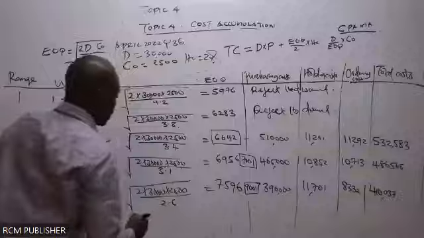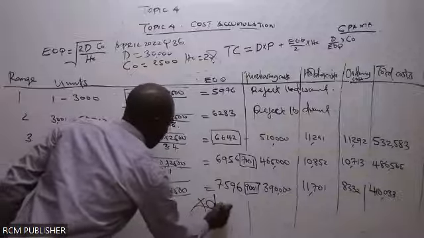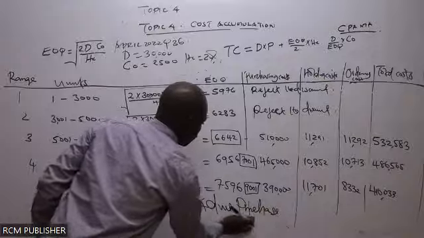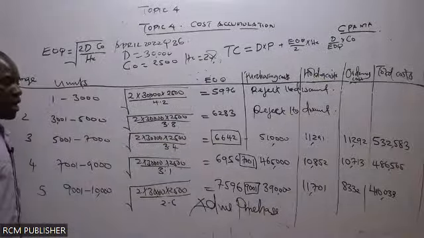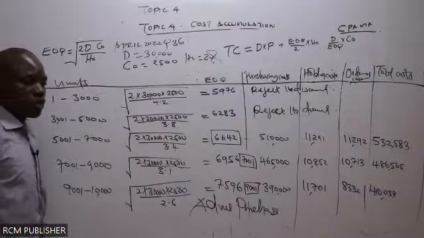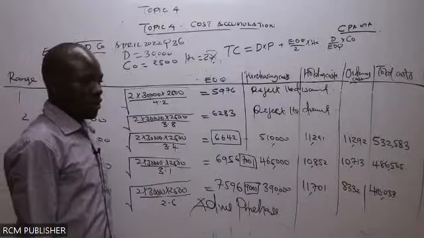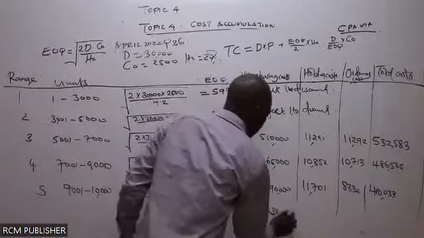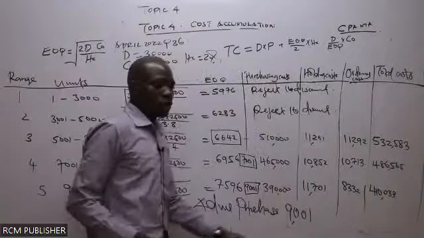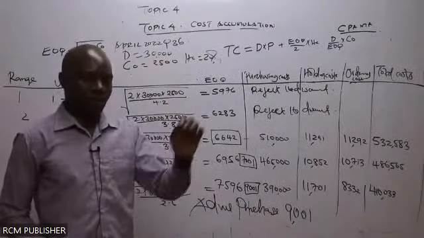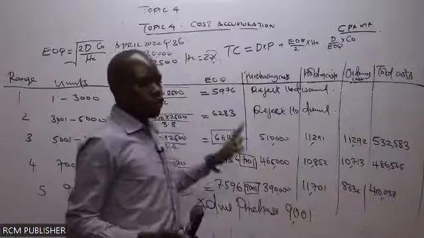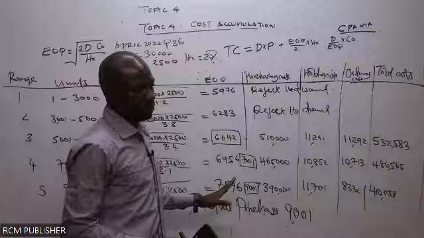So what do we tell the management? Advise them to purchase 9,001 units because at that point, they are going to incur the lowest cost of 410,033. That is all you need to do in that area.